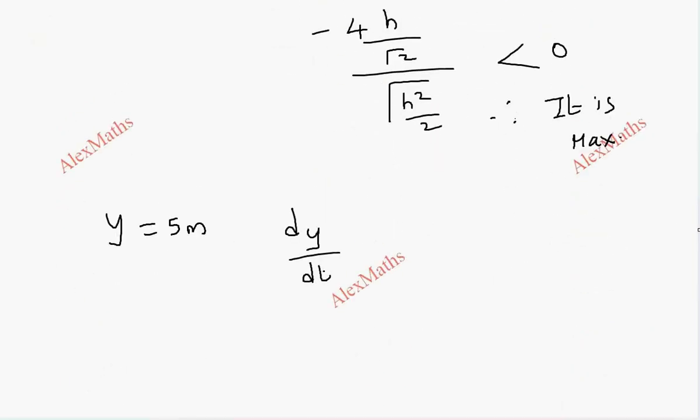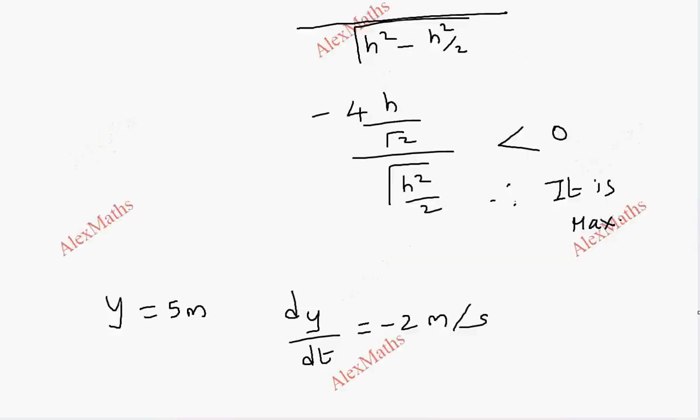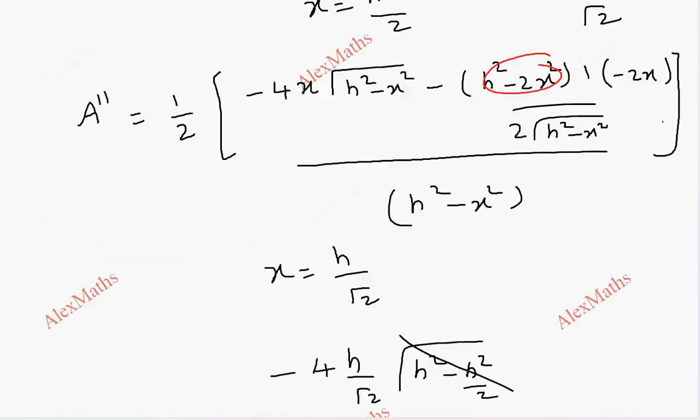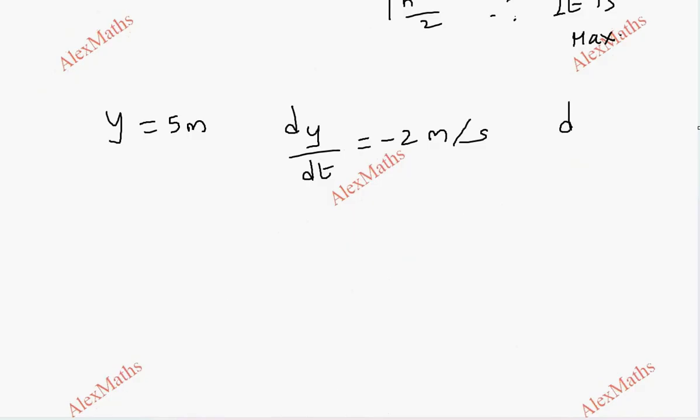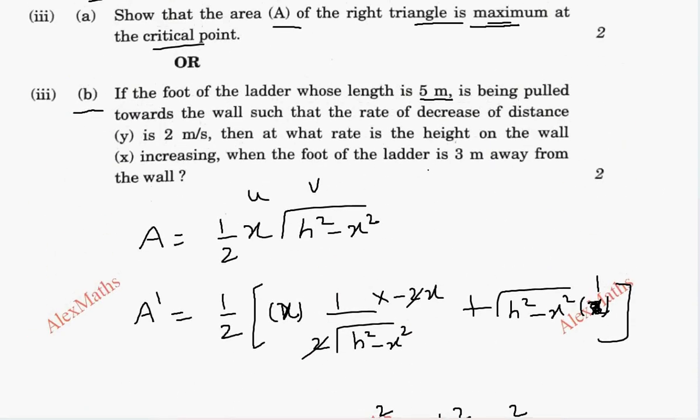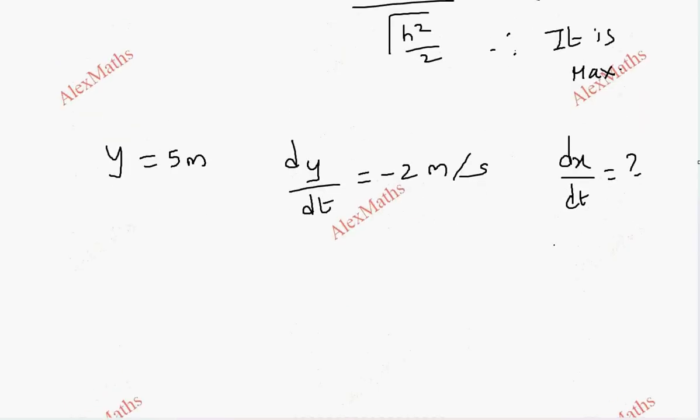And since it is decreased, we have to take minus 2. Then at what rate is the height on the wall x increasing, so it is dx by dt they are asking, when the foot of the ladder is 3 meter away from the wall. That means y equal to 3.